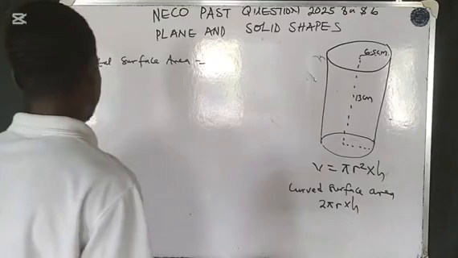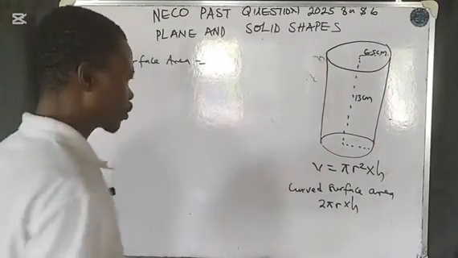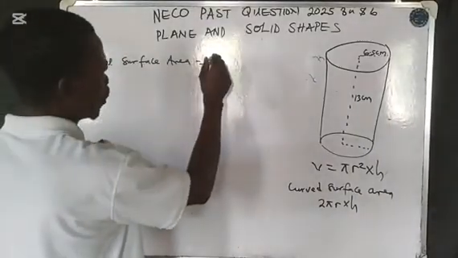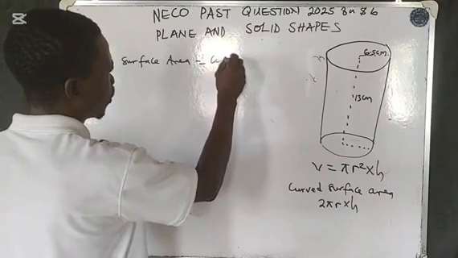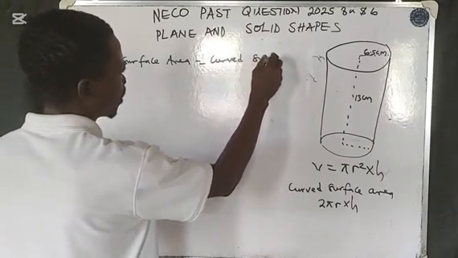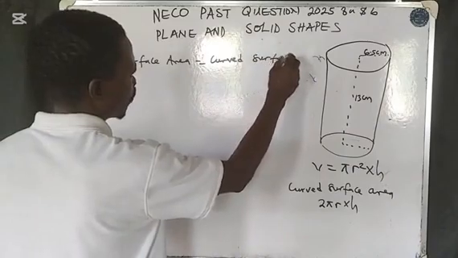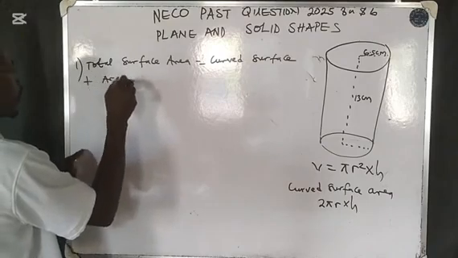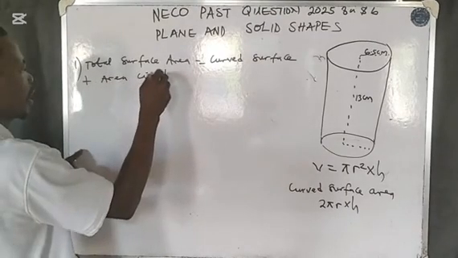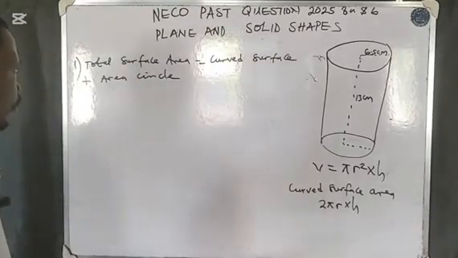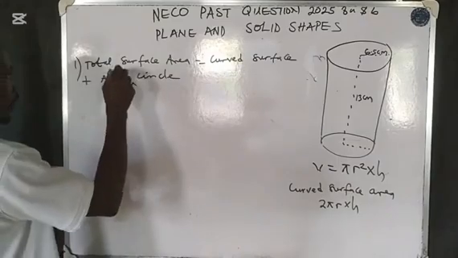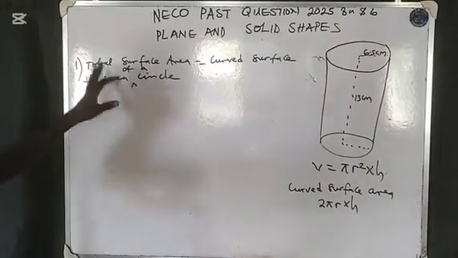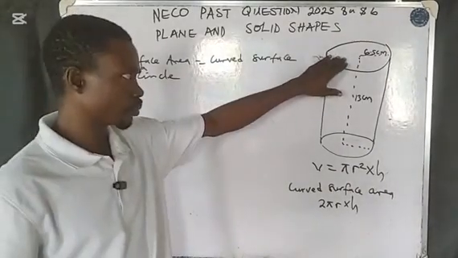If the top is open, total surface area equals curved surface area plus area of a circle. This is the total surface area if the top is open, right?